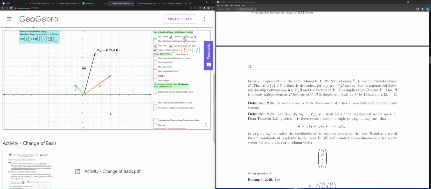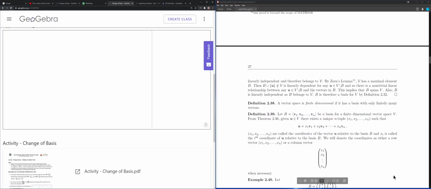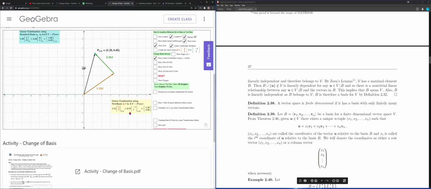What the coordinates are is that given some other vector, I can express that vector as a linear combination of my basis vectors. This black vector can be expressed as a linear combination of the basis vectors. Then the scalars out in front, which correspond to the x1 and the x2 and so on, are your coordinates. In this case, x1 is 1.13 and x2 is 2.15.